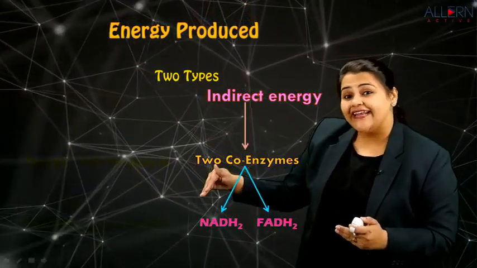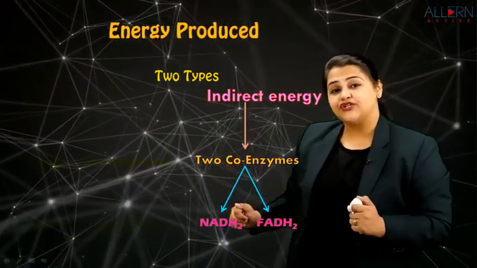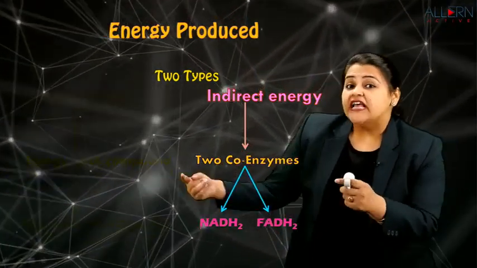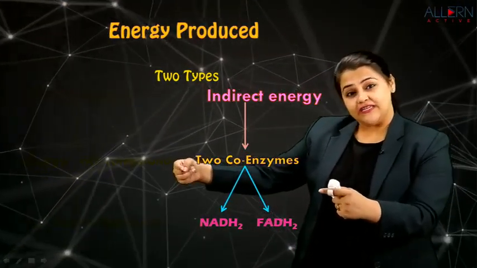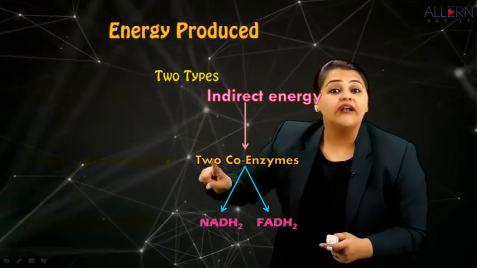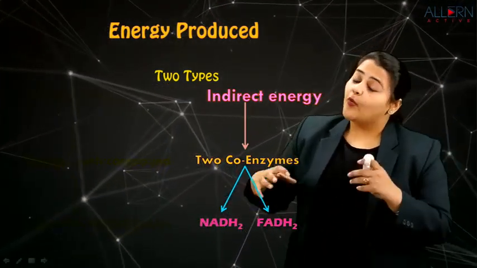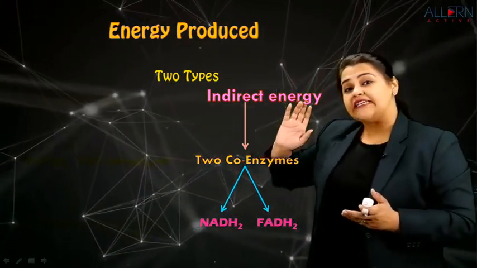Now, why is this called indirect energy? Because these two coenzymes will be converted into ATP and then be utilized. That is why it is called indirect energy.